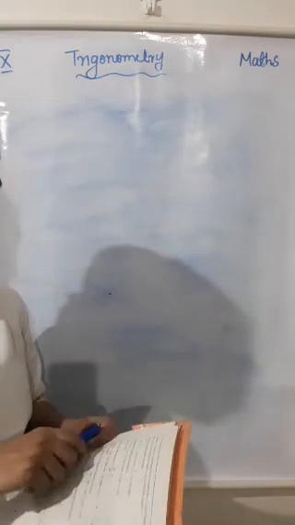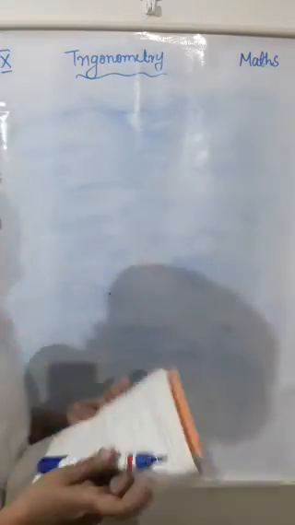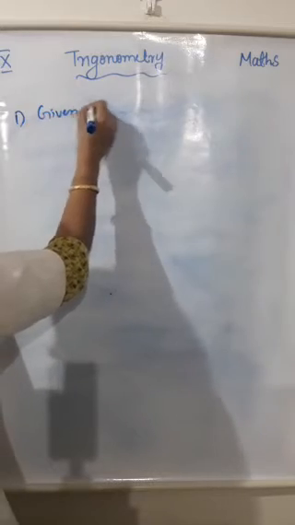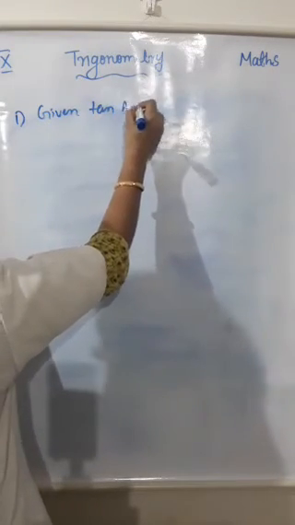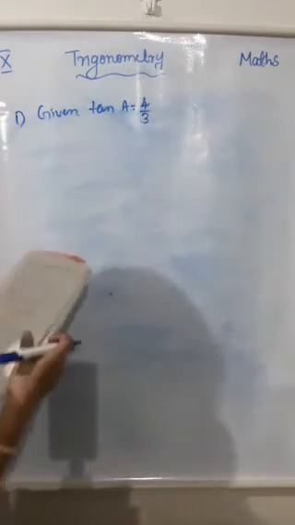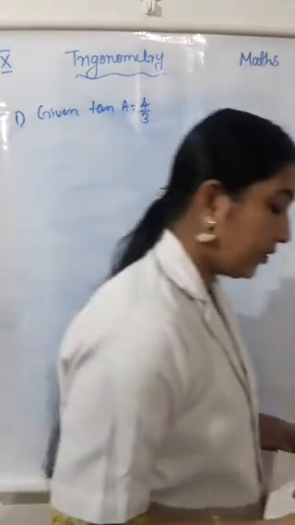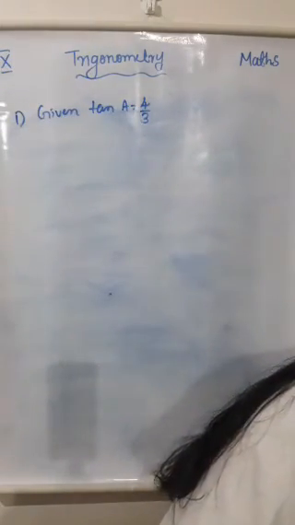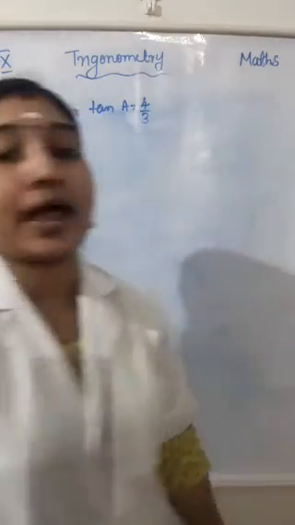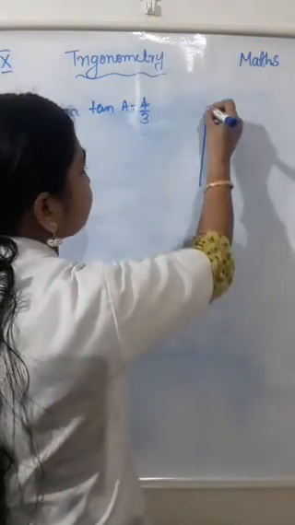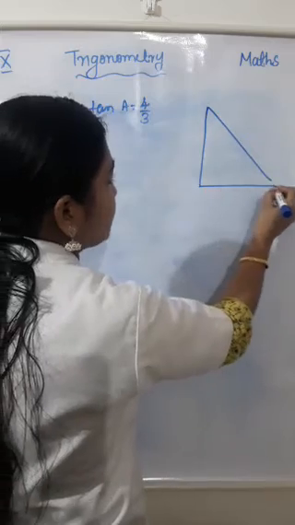Now let us consider some problems. Given tan A is equal to 4 by 3. Find the other trigonometric ratios of the angle A. So first you draw the triangle ABC.